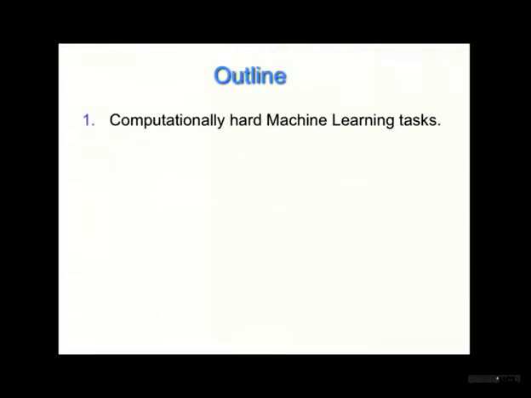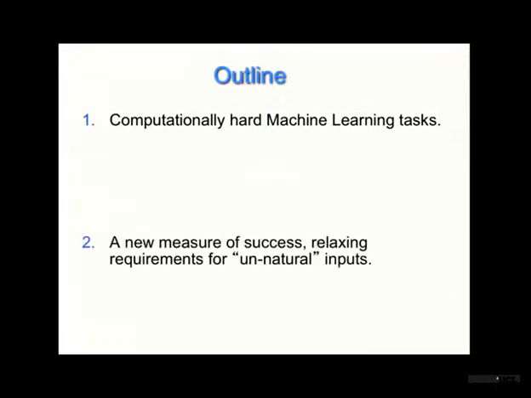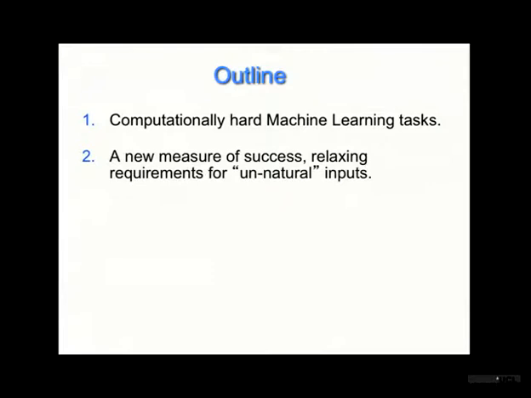So here is an outline of what I'm going to talk about. I'll start by listing some machine learning tasks that we can prove are NP-hard, just to have a collection of concrete problems to think about. Then I'll talk about how to relax the notion of success of an algorithm, in the spirit of what I was talking about in the previous two talks.